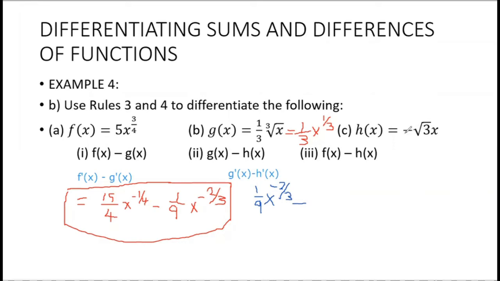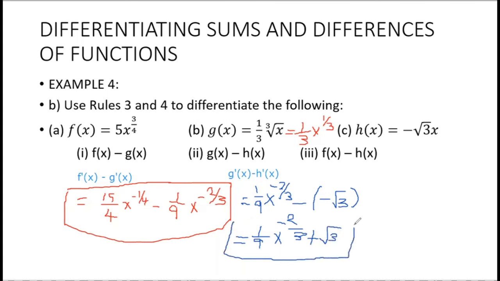Ito ang h of x natin. Pag kinuha ang derivative niya, so magiging negative square root of 3. Okay, so fix na natin. So, ang final answer natin is 1/9 x raised to negative 2/3. So, negative of negative square root of 3 magiging positive. So, plus square root of 3. Okay? And that's it. Ito yung ating second I.